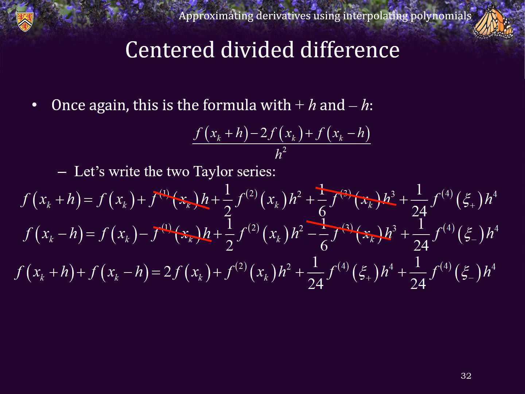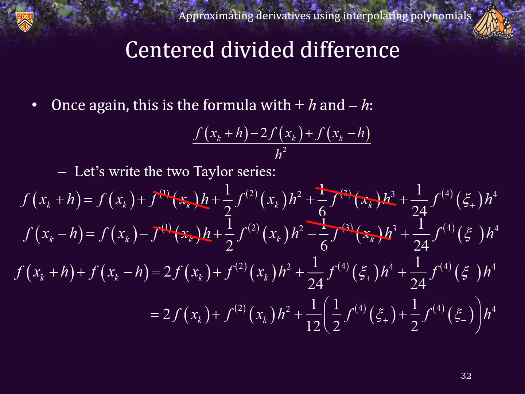All right, now let's factor out a multiple of the error term in order to get a weighted average of the fourth derivative. So in that case, we factor out a 1/12, and now we have a convex combination, in fact, the average, of the fourth derivative evaluated at 2 points.